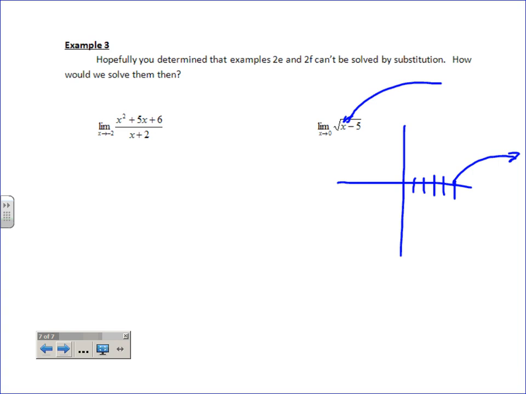Now this one right here. I'm going to see how many of you kind of remember this. Let's see how many of you can factor that for me right there, right now. Factor that numerator, please.